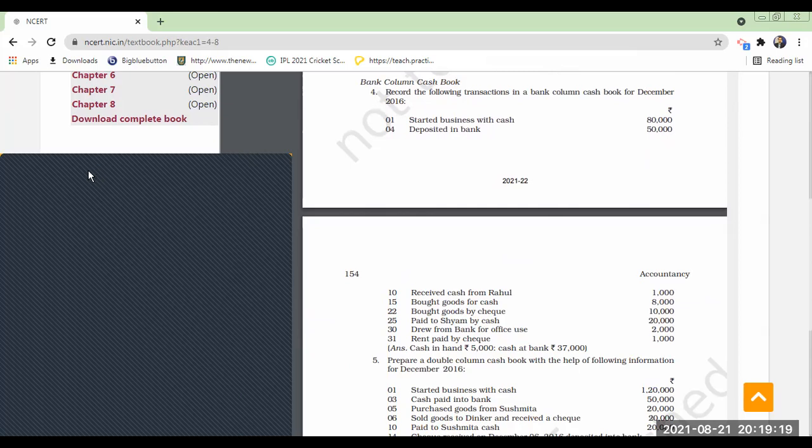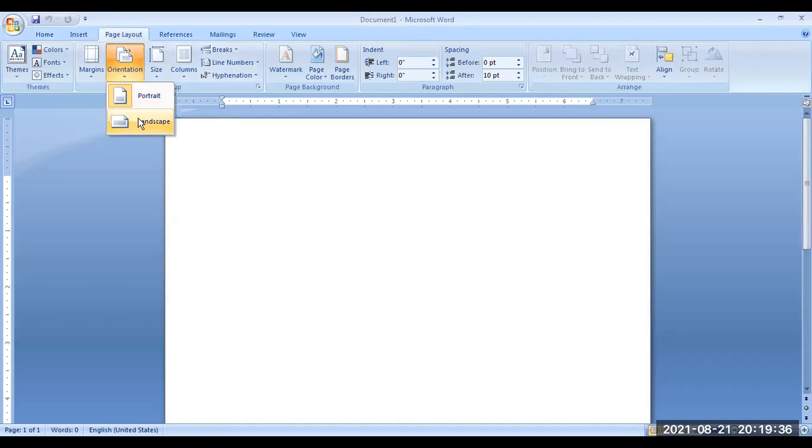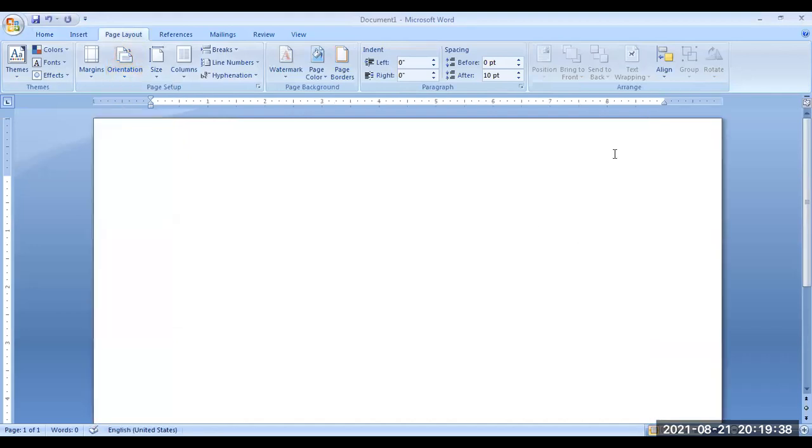Are you able to see this Word document? Now are you able to see? Yes, sir. You have to turn the paper like this, only then it will be nice. Paper will not be sufficient in your notes.